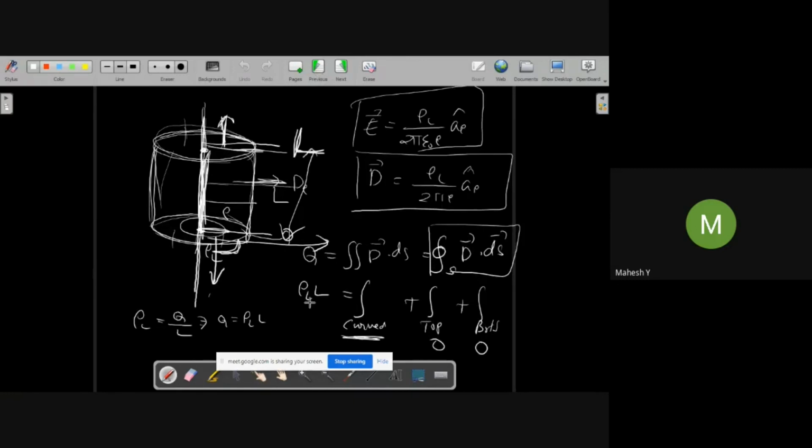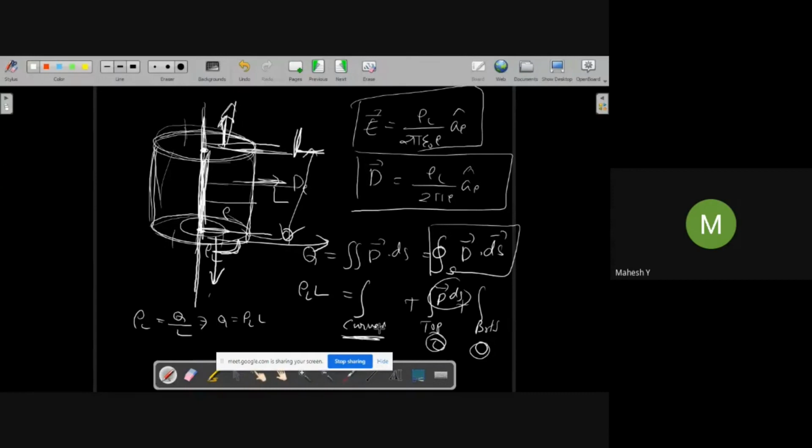We only need to know that rho L is equal to curved plus top plus bottom. The top integral is 0 and the bottom integral is 0 because D dot dS is 0 there, since the direction of D and the direction of dS are perpendicular to each other on the top surface and bottom surface. That is why it is 0.